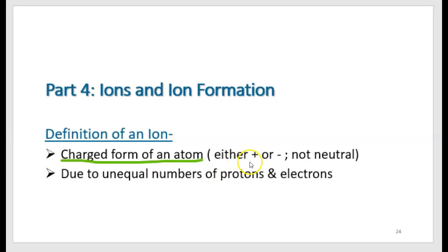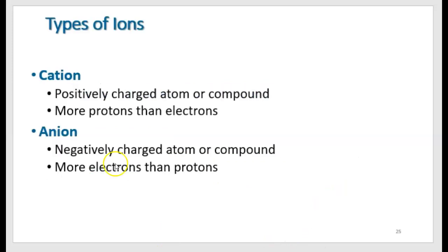It's either positive or negative, and an atom is always neutral. Now the charge comes about in an ion because the number of protons does not equal the number of electrons. So we're going to look at some examples of that. There are 2 types then of charged particles or ions.